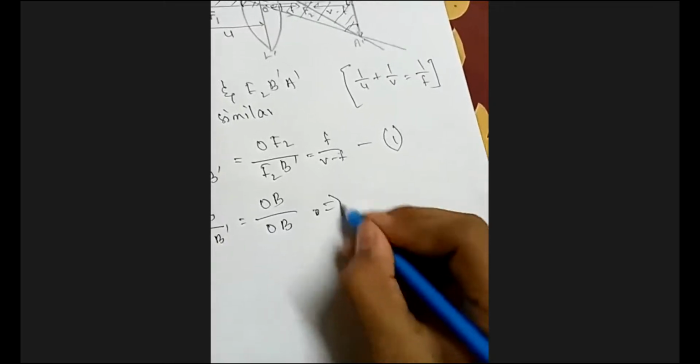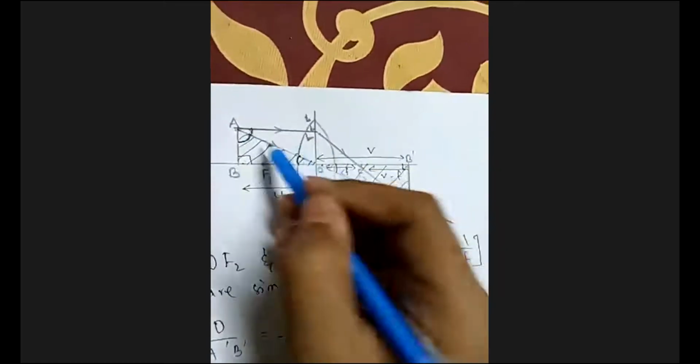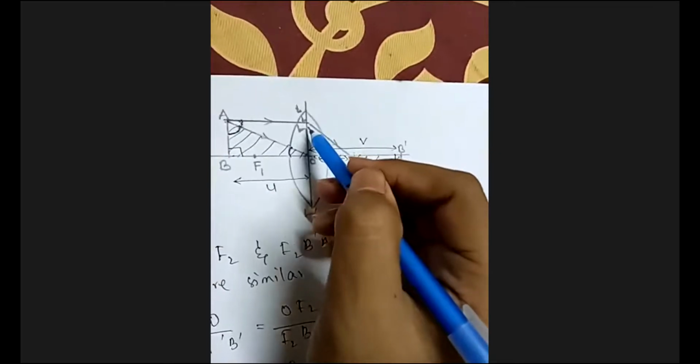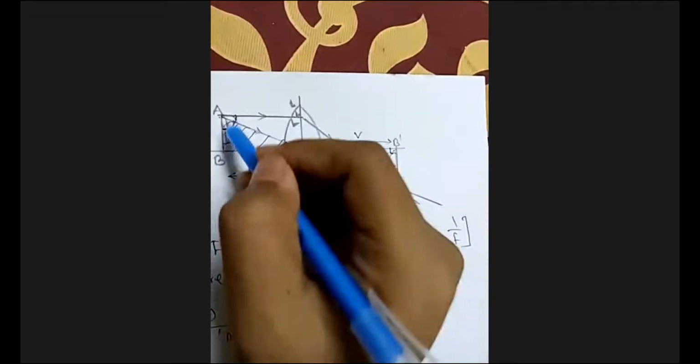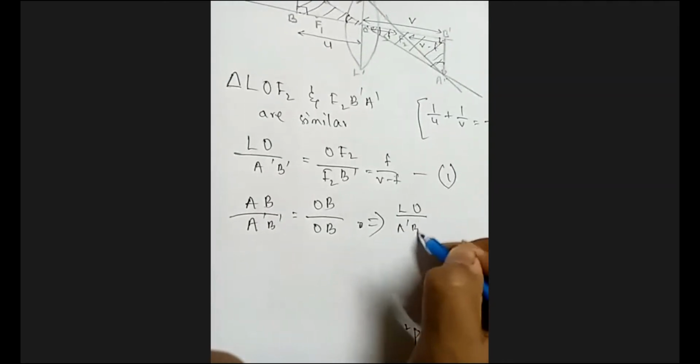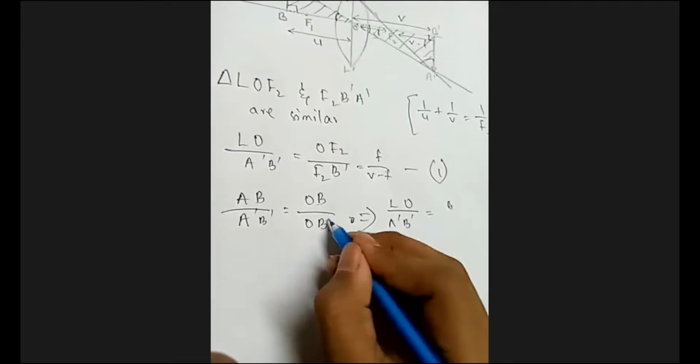Another thing is that AB is parallel to LO, so we can say AB equals LO. So LO by A prime B prime equals OB by OB prime.